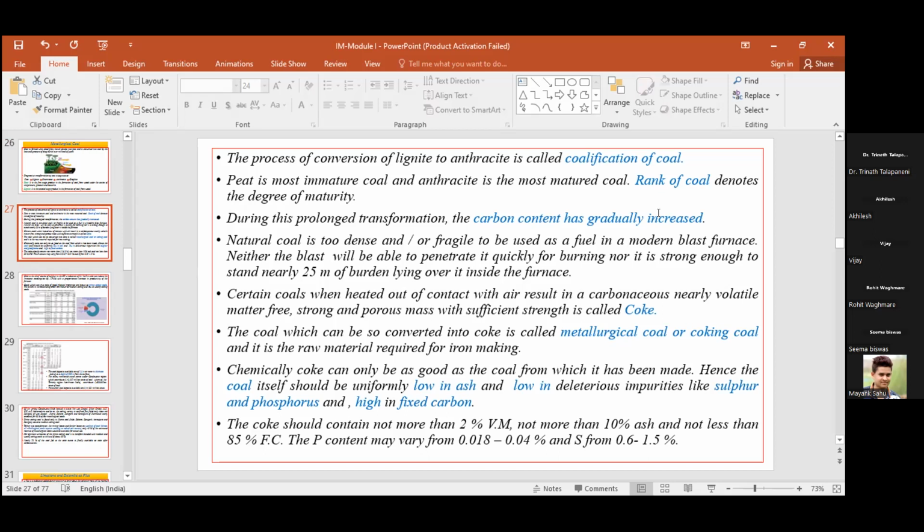Only a few grades of coal which have a peculiar behavior when you subject them to the coking process are used for coke making, and those are called metallurgical coals. And the coke which is manufactured from the metallurgical coal is called metallurgical coke.